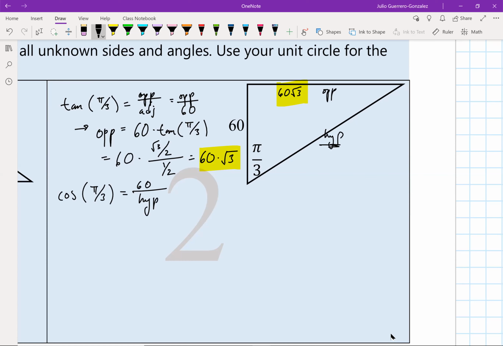So then that means the hypotenuse is equal to 60 divided by cosine of pi over 3. Cosine of pi over 3, we're going to look at our unit circle. That is 1/2. So it's going to be 60 divided by 1/2, which is 120. And we are done. We know that this is 120.